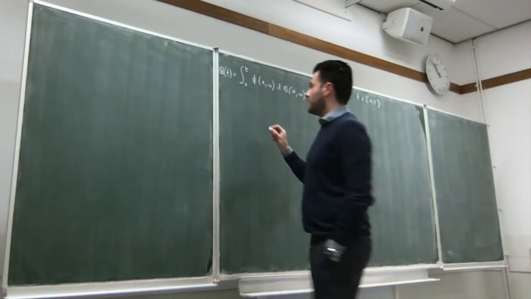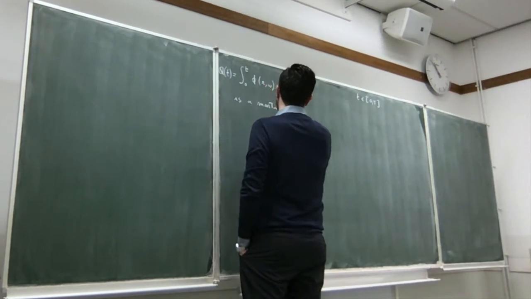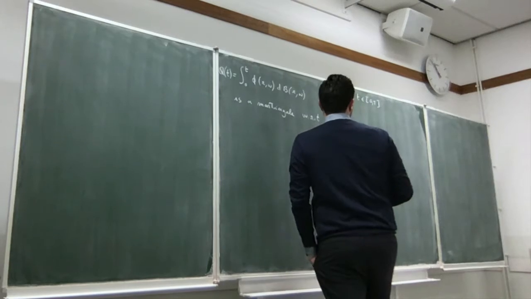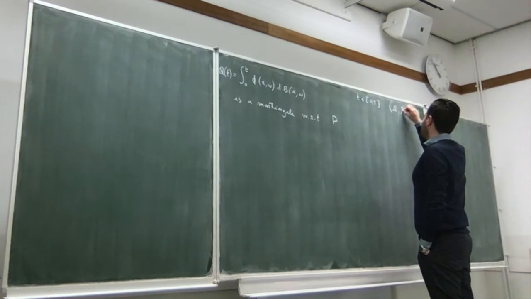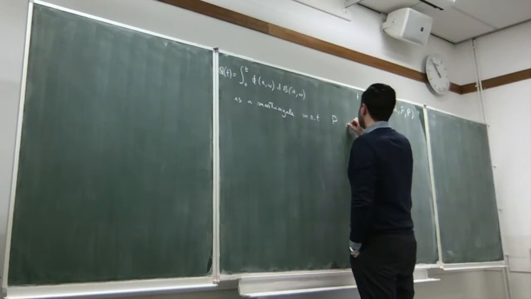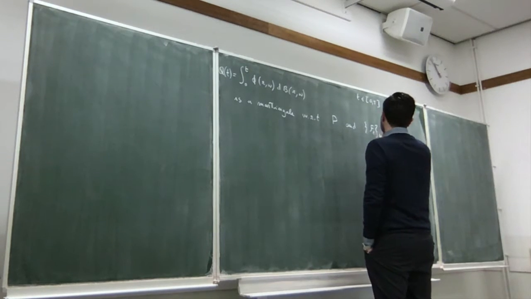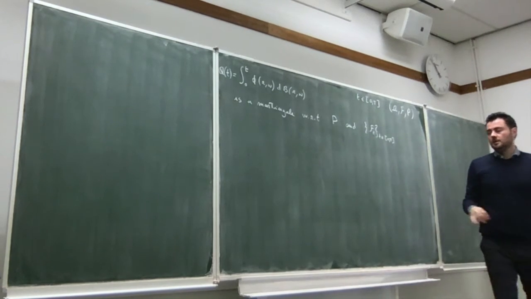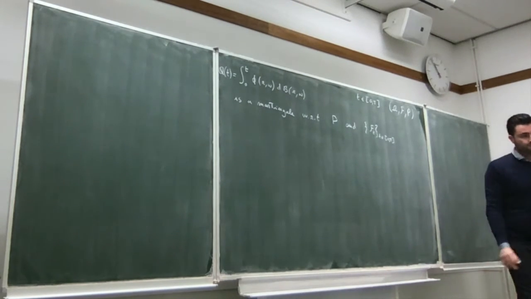This object is a martingale with respect to P, which is our probability measure on the space (Omega, F, P), and the filtration F_t, for t in [0, T], where F_t is, as last time, the natural filtration generated by the Brownian motion.